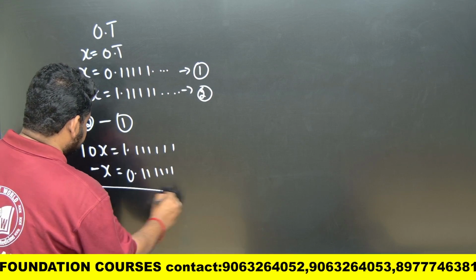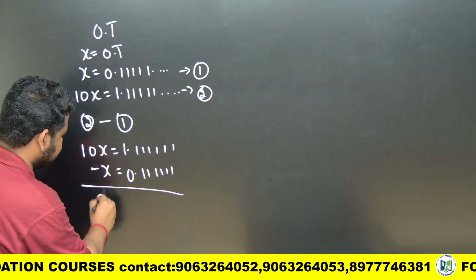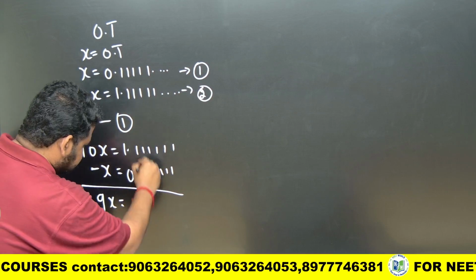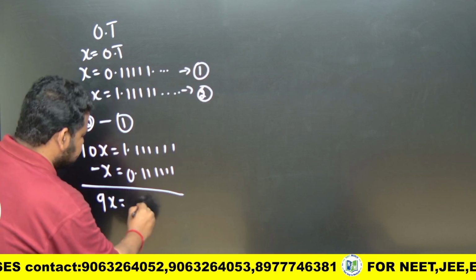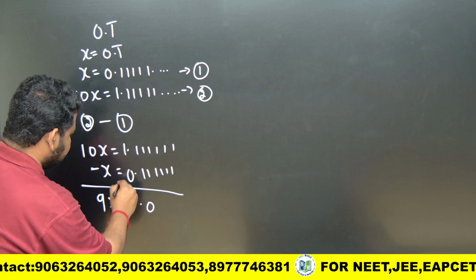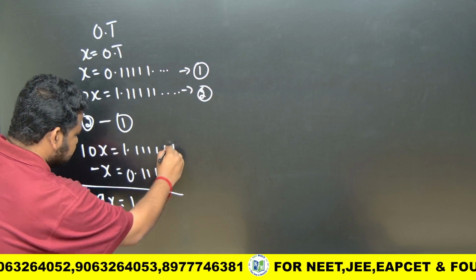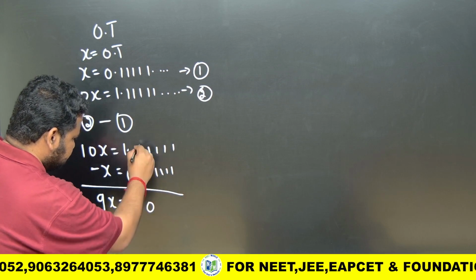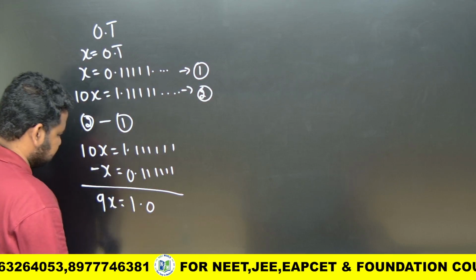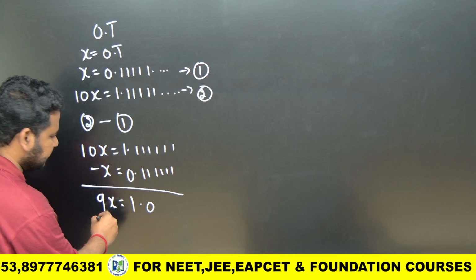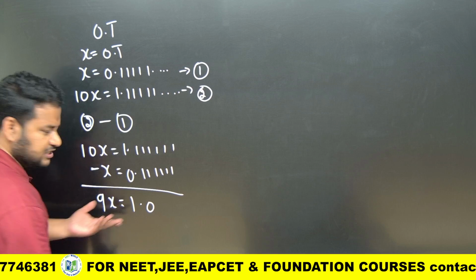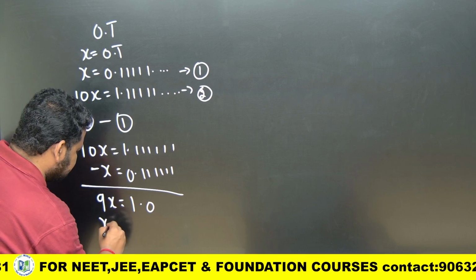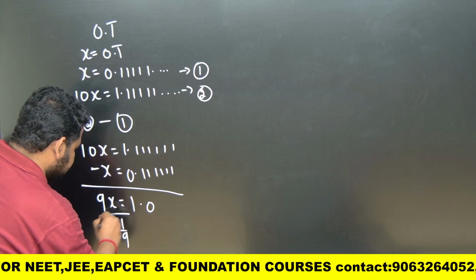If I subtract, 10x minus x gives 9x, and the decimals cancel: 1 minus 1 is 0, 1 minus 1 is 0, and so on. 1 minus 0 is 1 itself. So I got 9x is equal to 1. So I can write x is equal to 1 by 9. So you got x is equal to what?